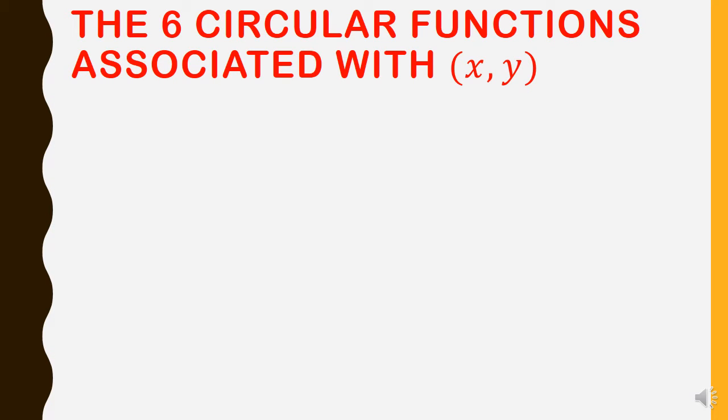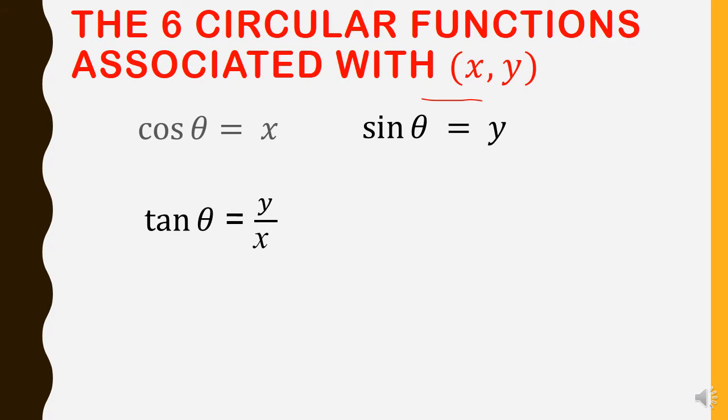So what are the 6 circular functions associated with xy, or the ordered pair xy? So we have met already cosine theta equal to x, sine theta equal to y. Okay. Another lead character is the tan theta, which is equal to the ratio of y and x. So that this is y over x. Okay.